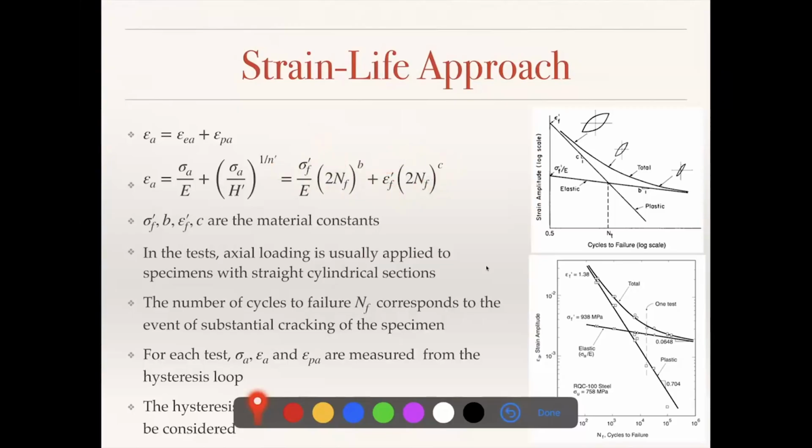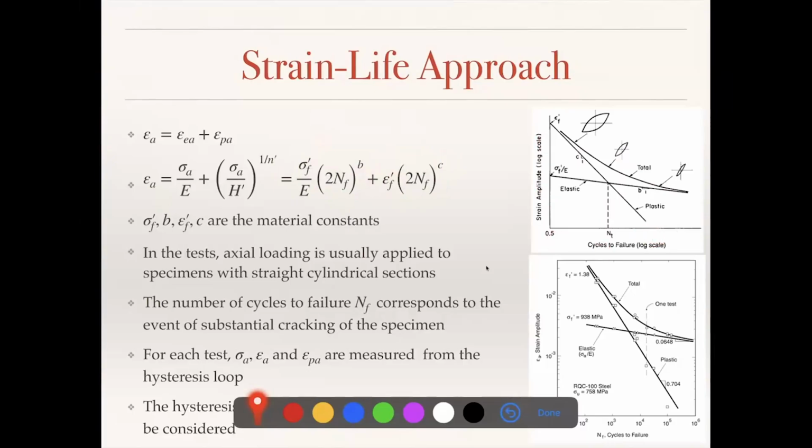When you have to consider the total strain amplitude, you have to take the elastic part as well as the plastic part. If you look carefully at this figure, this is the strain amplitude and number of cycles to failure.